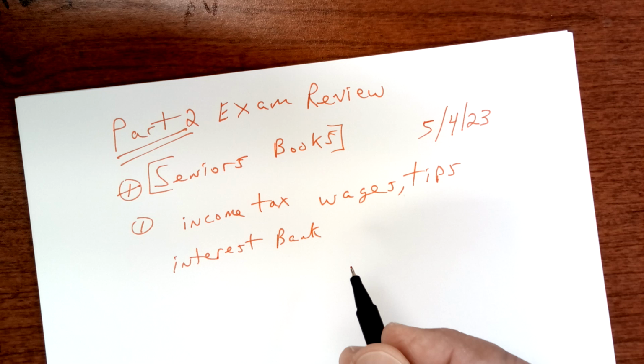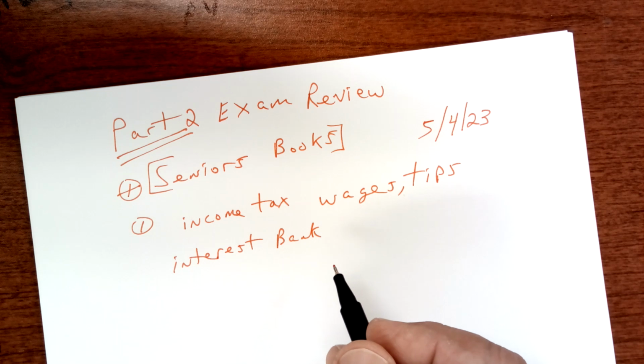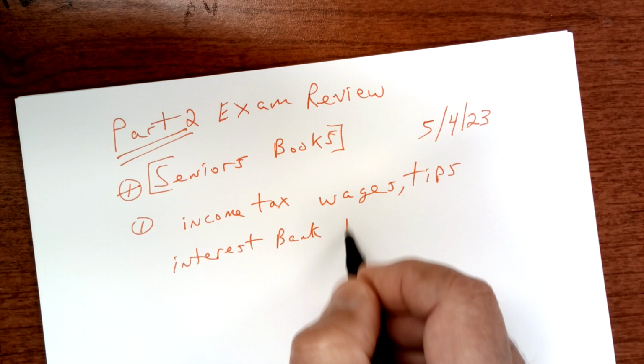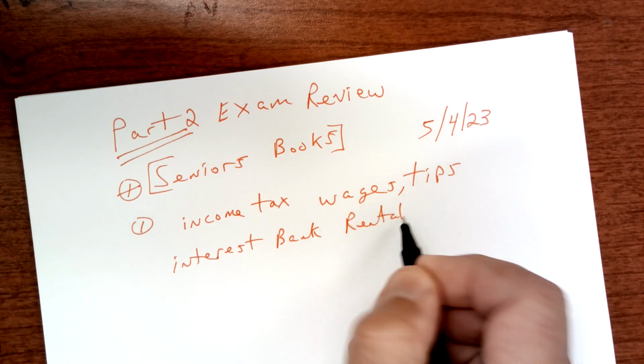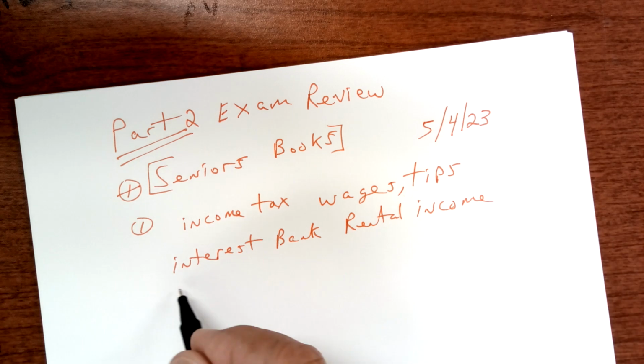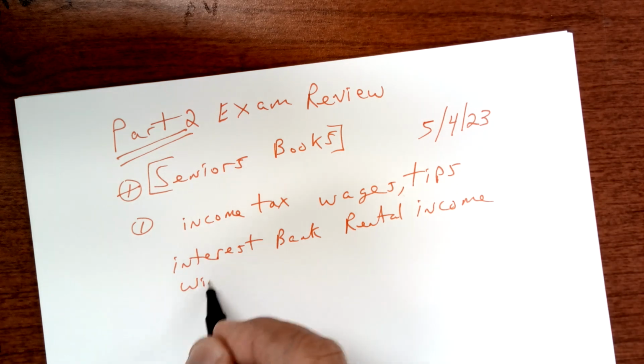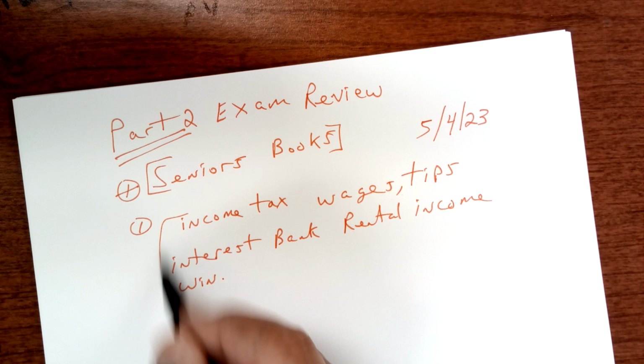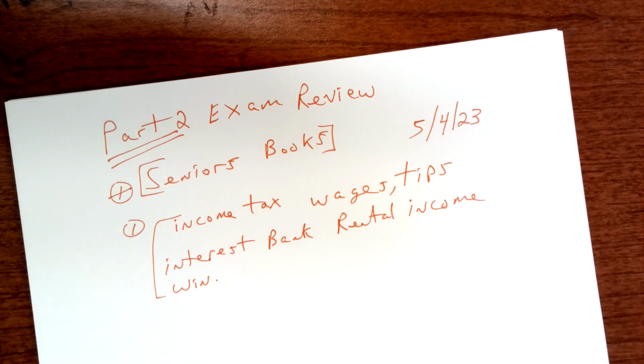It's also paid on rental property income. If you win a certain amount at the casino or somewhere else. So you pay tax on other things. Okay, let's go on.